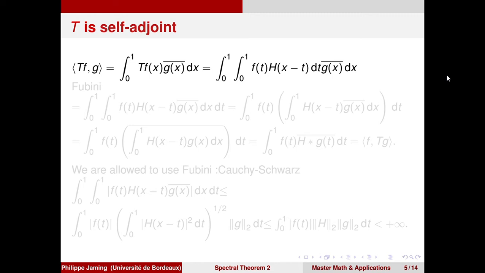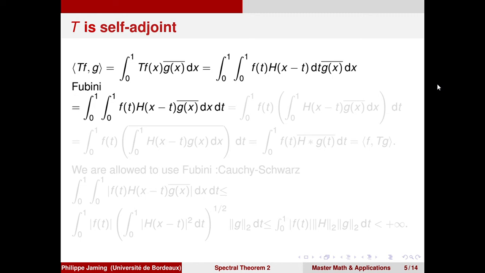Then, of course, one wants to do Fubini, that is, put the g inside this integral and exchange the order of integration, which gives the integral from 0 to 1, integral from 0 to 1 of f of t, h of x minus t, g bar of x, dx dt.